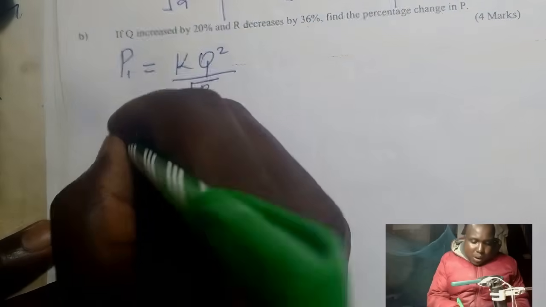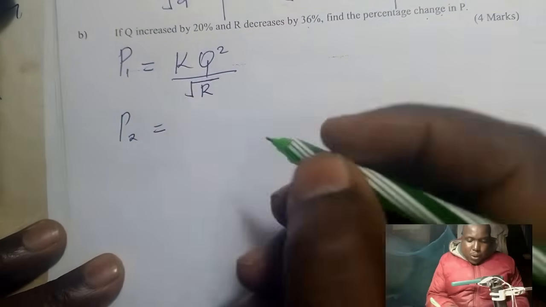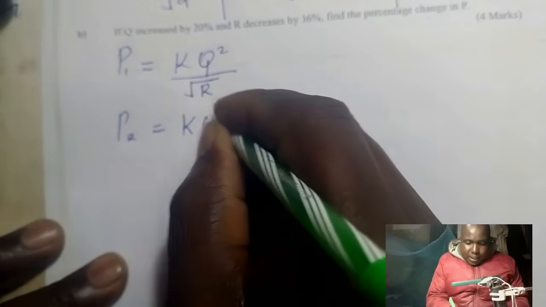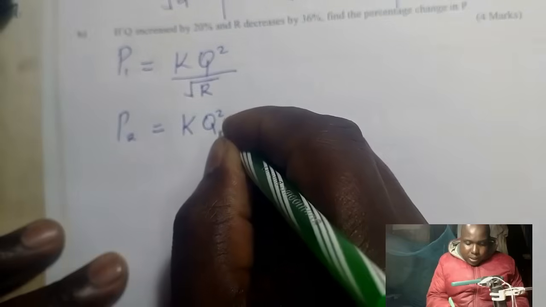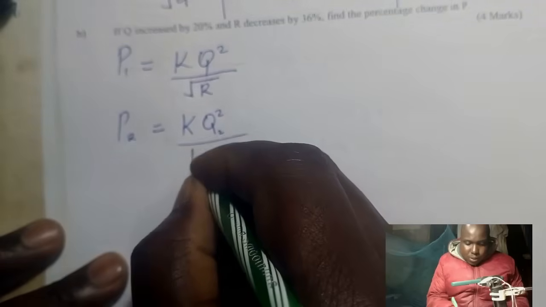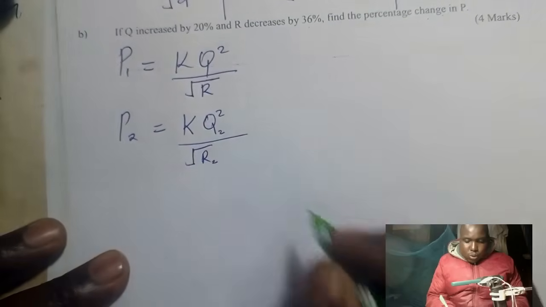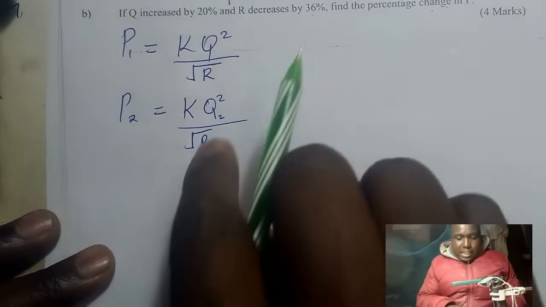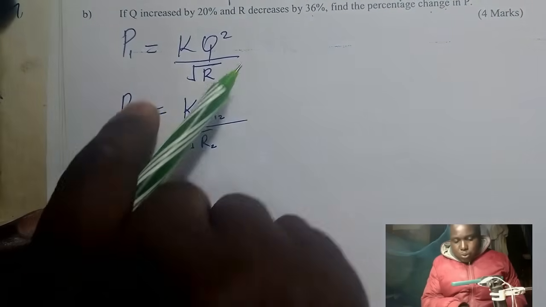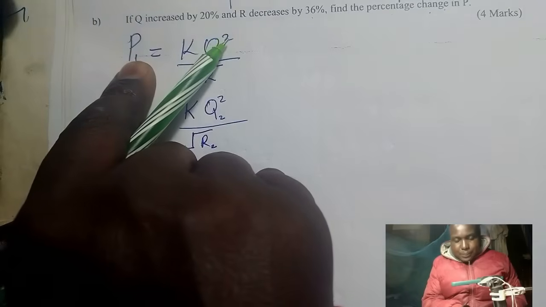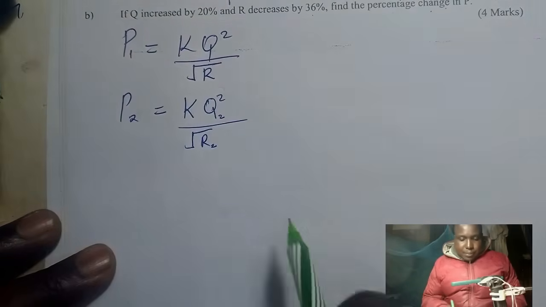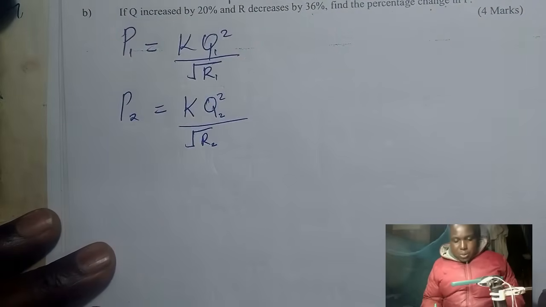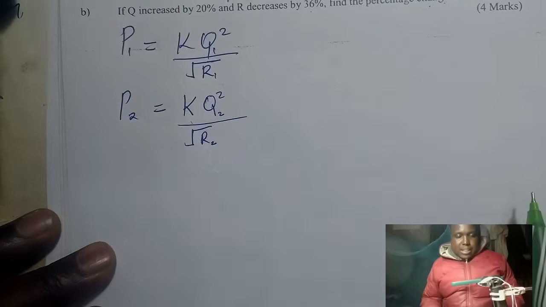So we will have our P2, which is going to be k Q2 squared over the square root of R2. This one is the second, after the increase. Before the increase is P1, right? You can even put 1 here to indicate that, because the constant doesn't change.